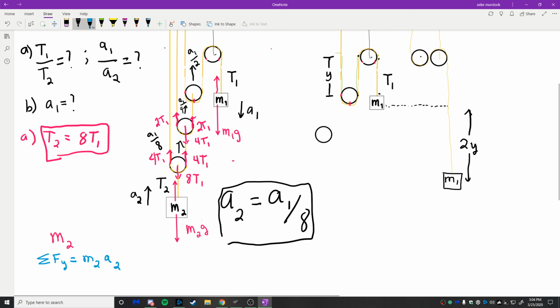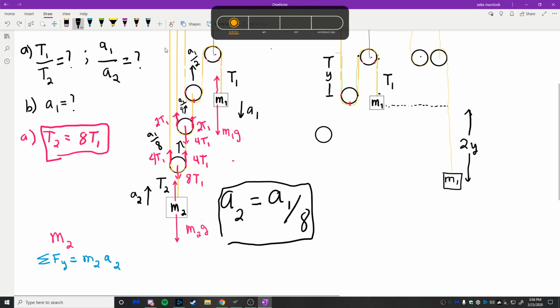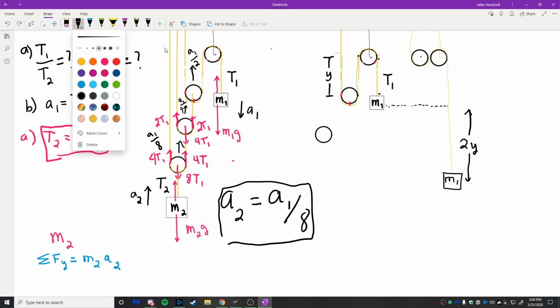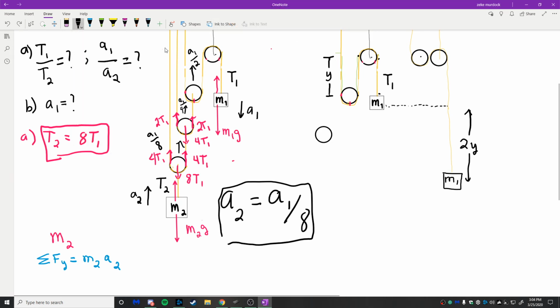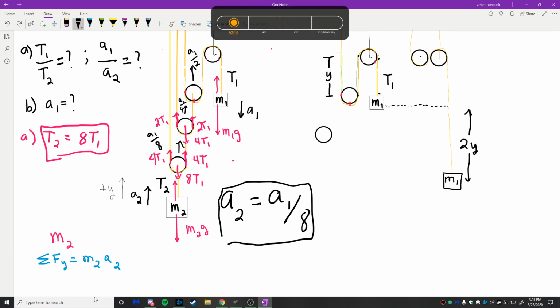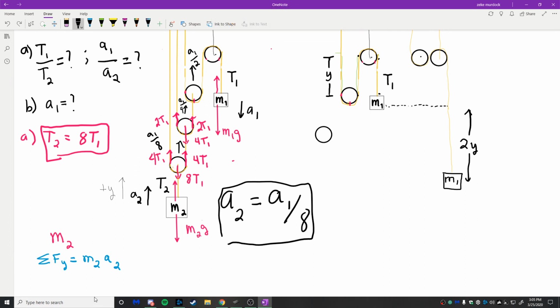And one of the things we have to do for problems like this is we need to make the direction of the acceleration be positive. So we're going to make the coordinate system here be such that this is what we're going to call positive y. Because again, you make the direction of your acceleration positive. That's a really important thing about these type of problems. So if we make up positive, then that means we need to make T2 the positive vector here.